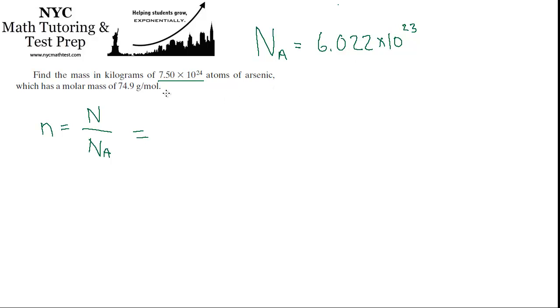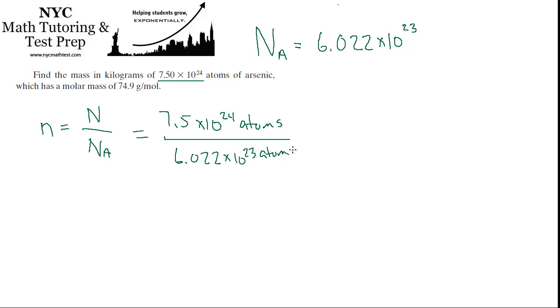We have 7.5 times 10 to the 24th atoms, and we're going to write the units, divided by 6.022 times 10 to the 23rd atoms per mole. So when you divide this, atoms will go away and moles will come to the numerator. So we'll know how many moles of arsenic we have.